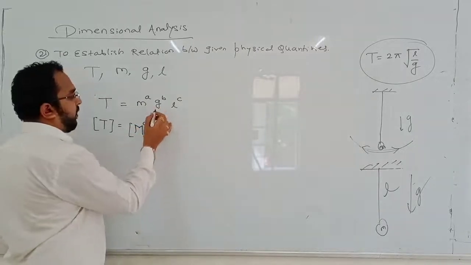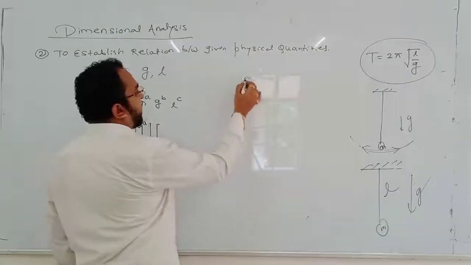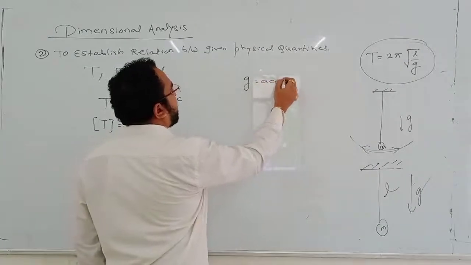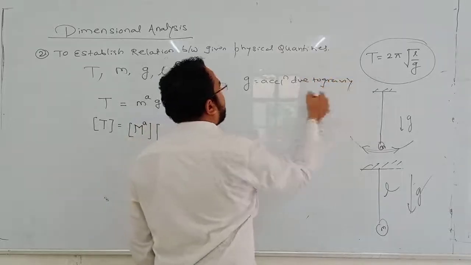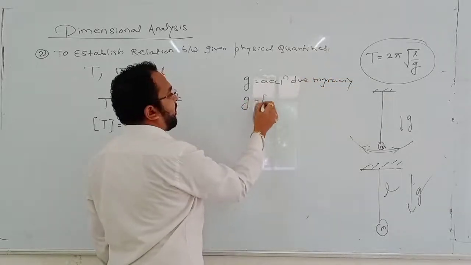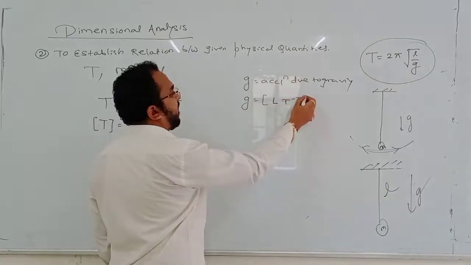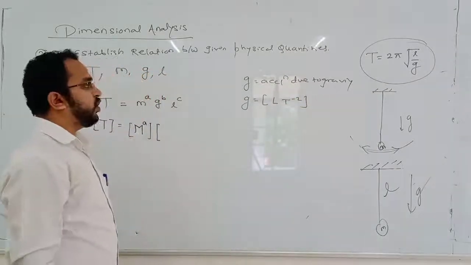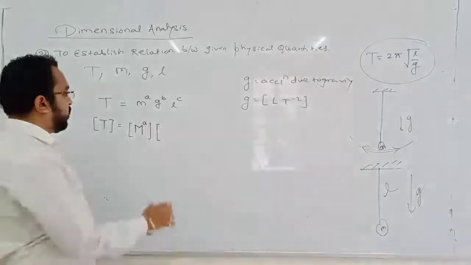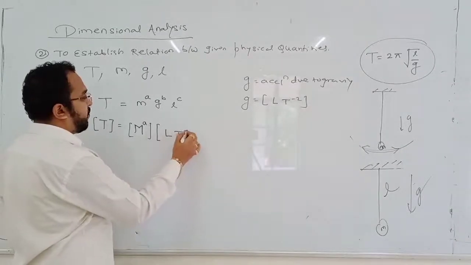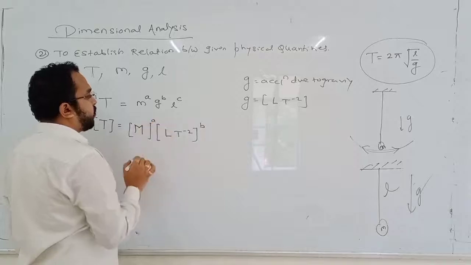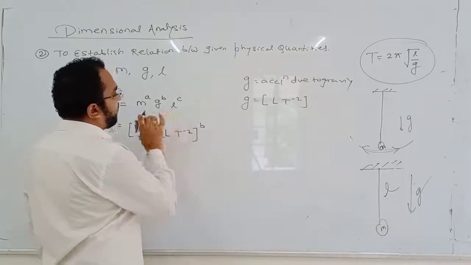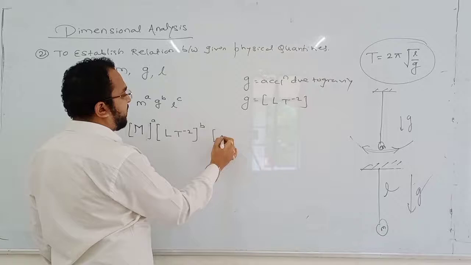What are the dimensions of g? Now see, g is acceleration due to gravity. That means it is acceleration. So what are the dimensions of acceleration? LT^-2, meter per second square. So I can write (LT^-2) to the power B. And length. What are the dimensions of length?